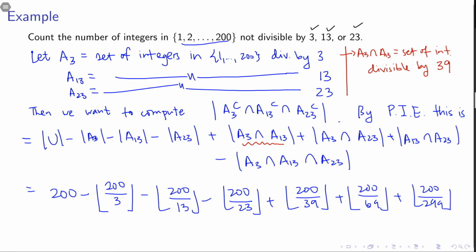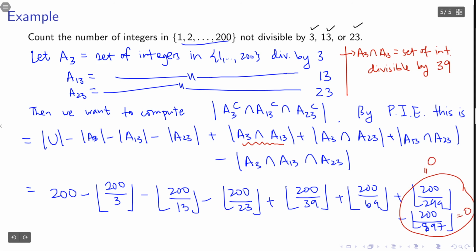These are all prime numbers. So now we're just subtracting floor function of 200 divided by 897. And notice here that these two terms are 0. This is 0 and this is 0, and that's fine. Right? It just means that there are no elements in that intersection. And then you can just compute this yourselves, right, to get the final answer here.